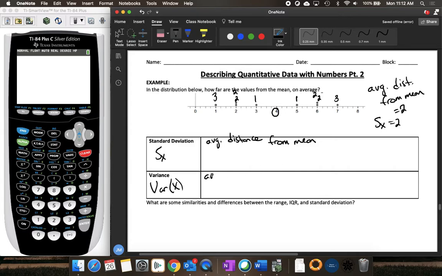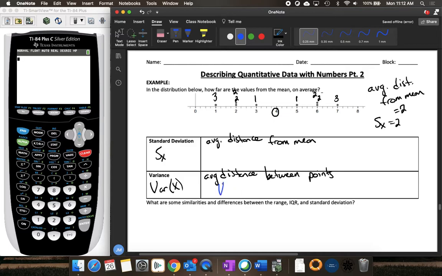Variance, on the other hand, is the average distance between the points. So if you just want to know how far away the points are from each other on average, that's where variance comes into play. We're first going to talk about the formula for variance, and then we'll see how it compares to the formula for standard deviation.